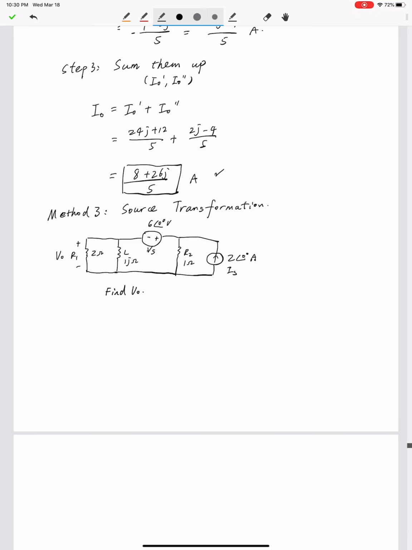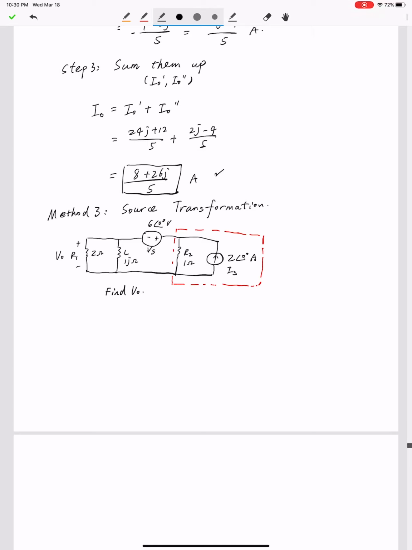To solve this problem using source transformation, we can convert the current source and a resistor in parallel into a voltage source and a resistor in series. In case you forget, let me quickly review the source transformation theory.